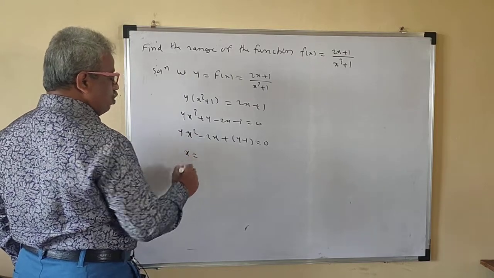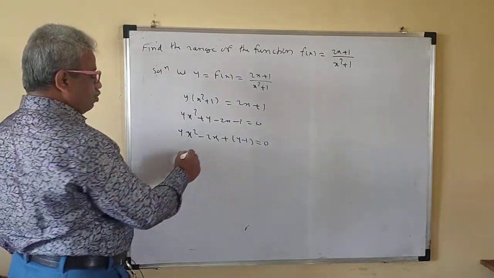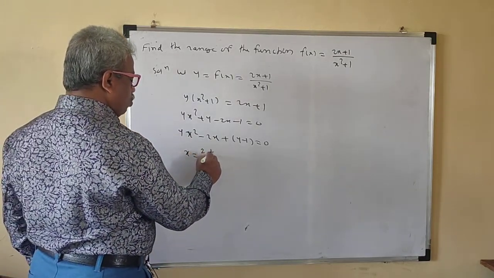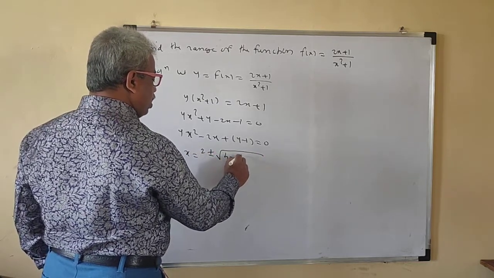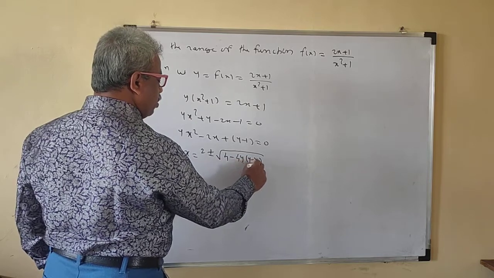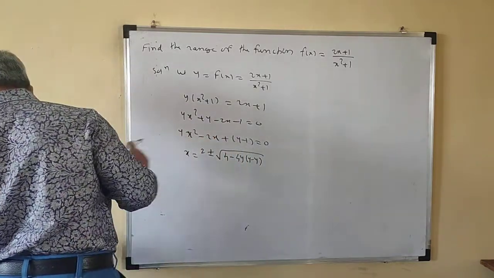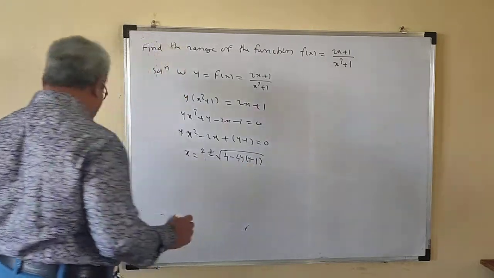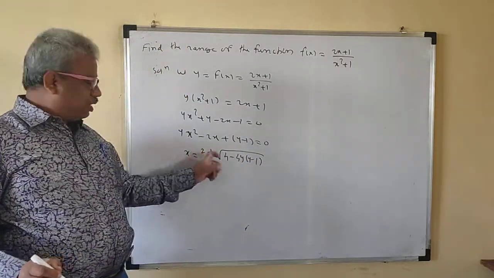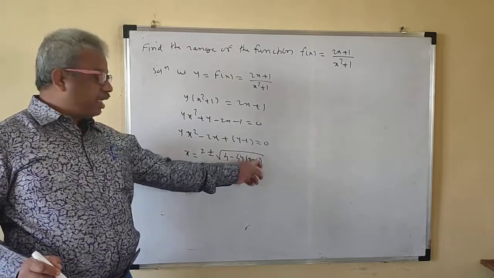So x is equal to minus b plus or minus root of b square minus 4ac upon 2a.